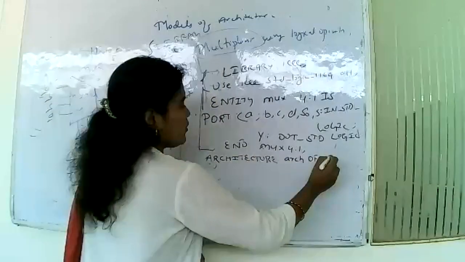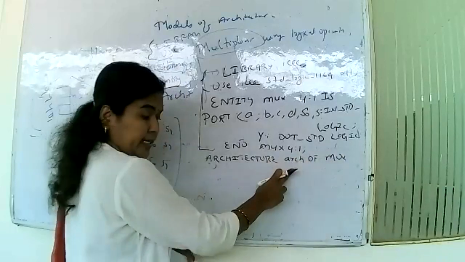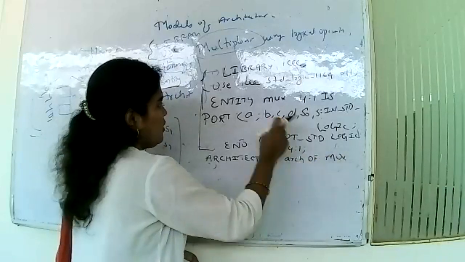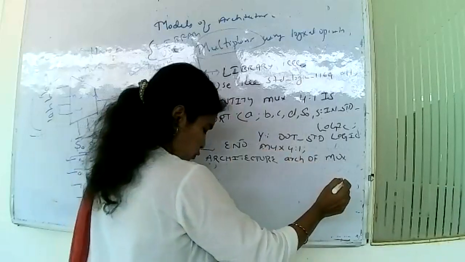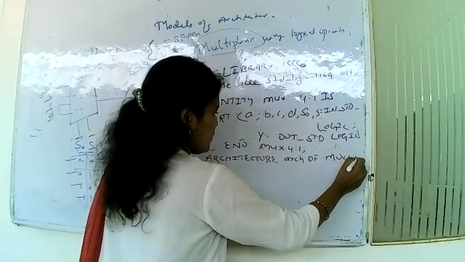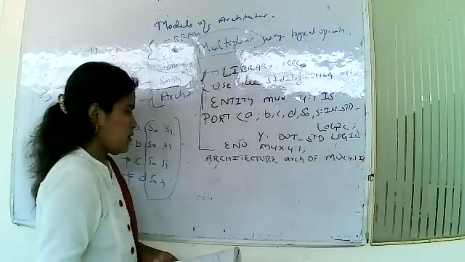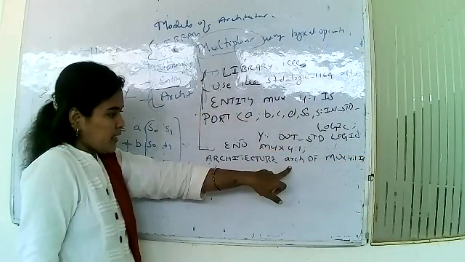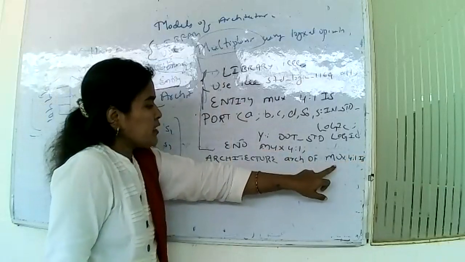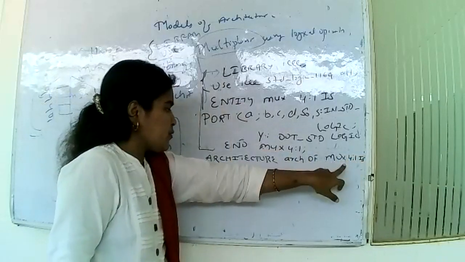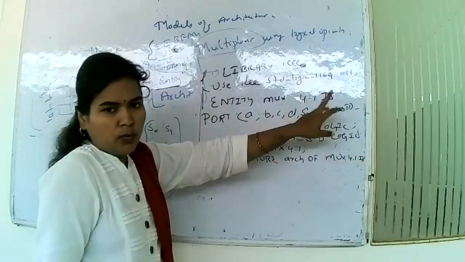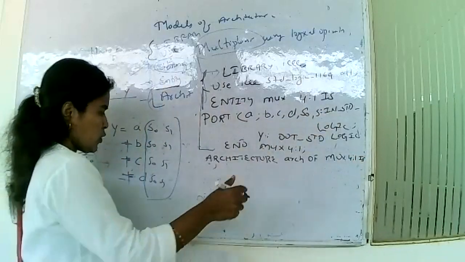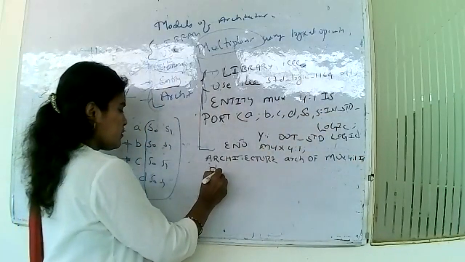Architecture arc of, where arc is the architecture name, of the entity name Mux 4:1. It will start with begin.